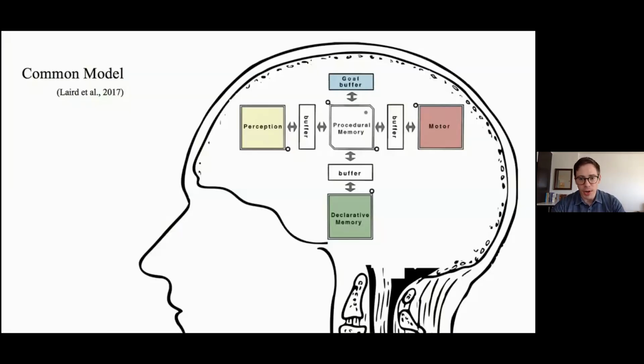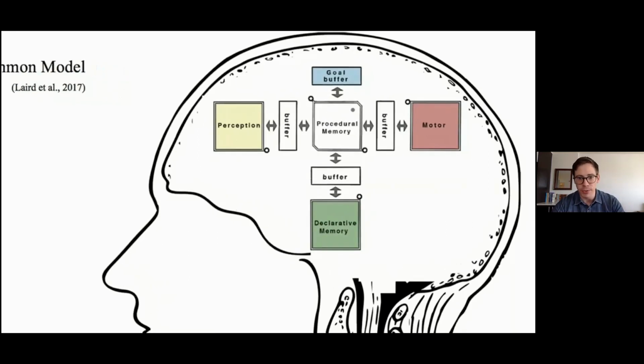Okay, so now we're going to show how the computational or cognitive model works. Again, this is a toy model version, just to visualize how these different processes work. You have perception on the left, motor output on the right, declarative memory below, and procedural memory, the thing that rides the bike, that moves the whole system, in the middle there. Okay, so let's dive into the common model.